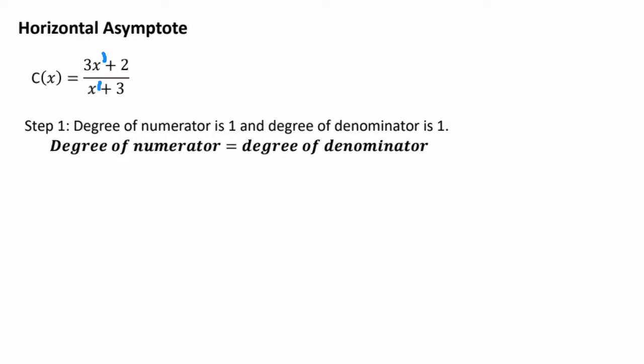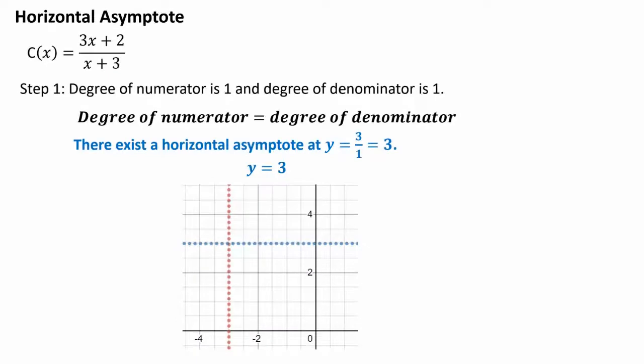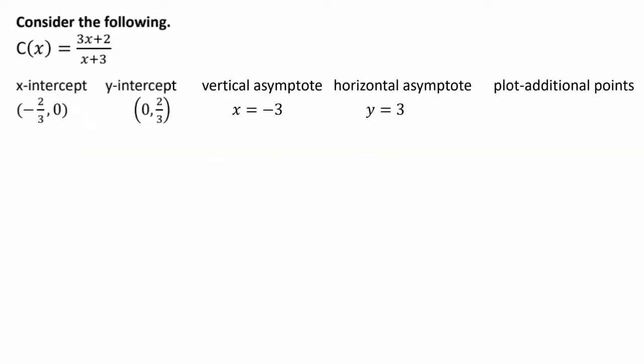Our ratio is going to be the division of the leading coefficient of the numerator, which is 3, divided by the leading coefficient of my denominator, which is 1. So 3 divided by 1 is 3. So my horizontal asymptote is y equals 3. All right, so let's just plot additional points to get a better look at this graph.